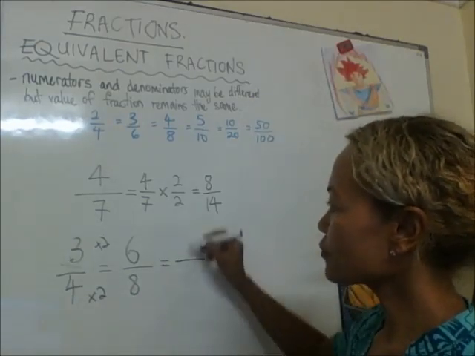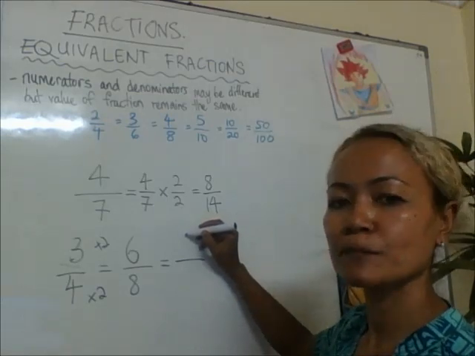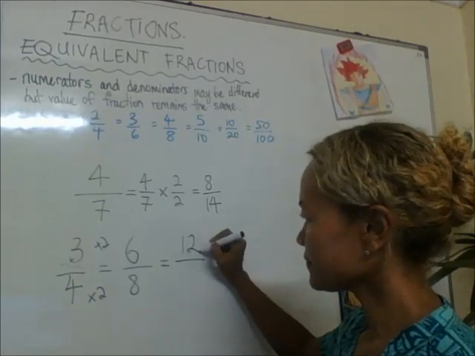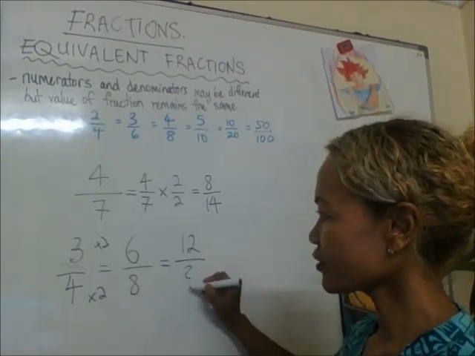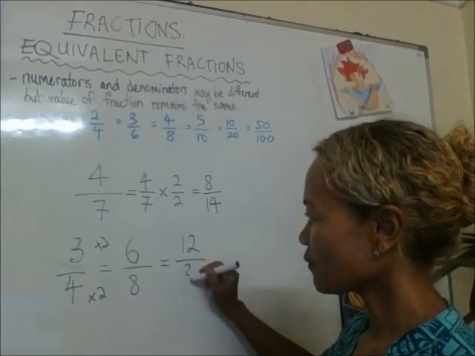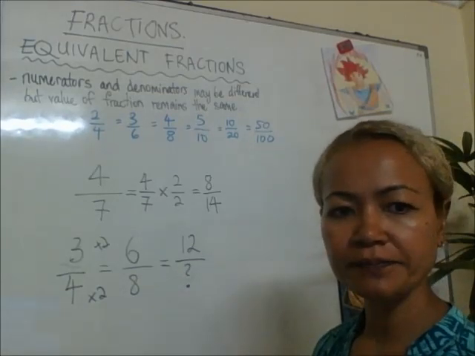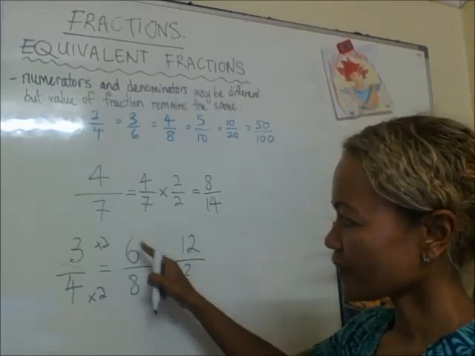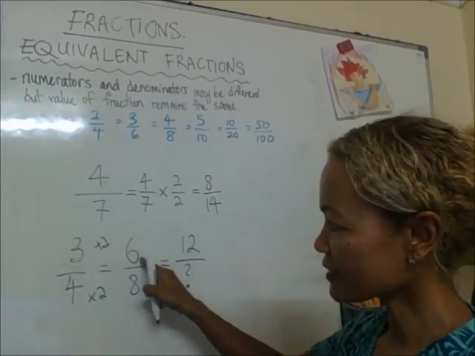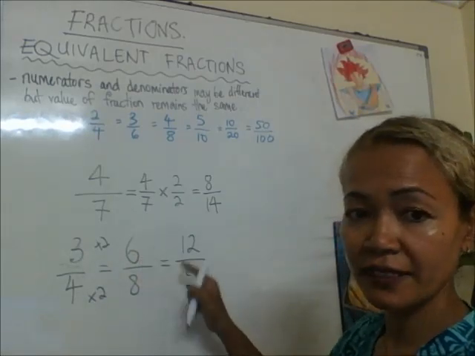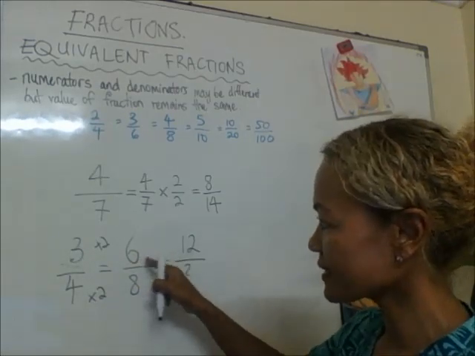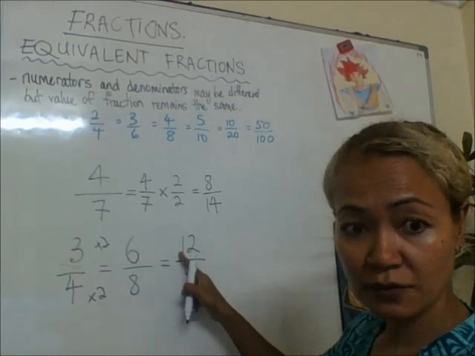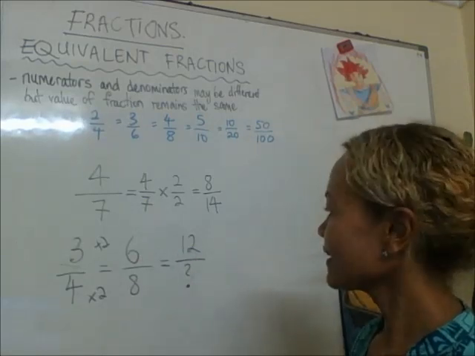What if now they give you, say, 12, and they're asking you, what do you put on the bottom? You look at the top. You can either start again from this 3 or start from this 6, whichever one is easier for you. Here, this one is probably easy. 6 times 2 is equal to 12, yes?